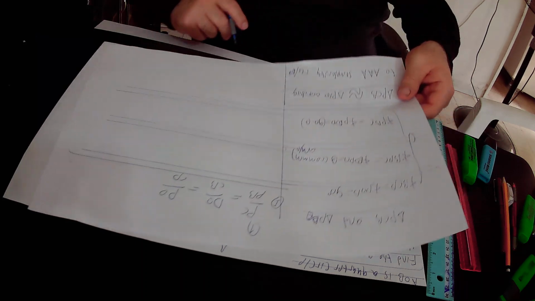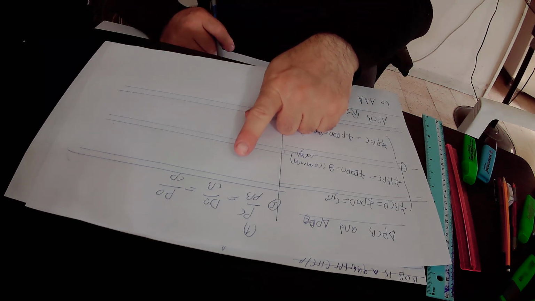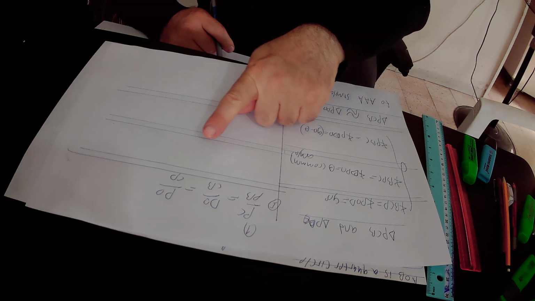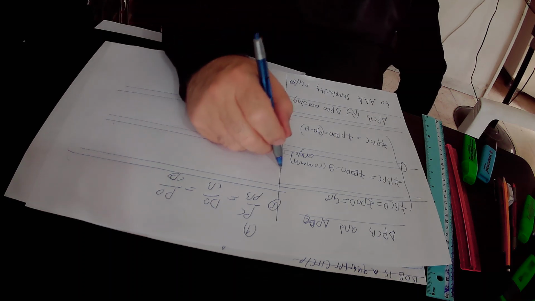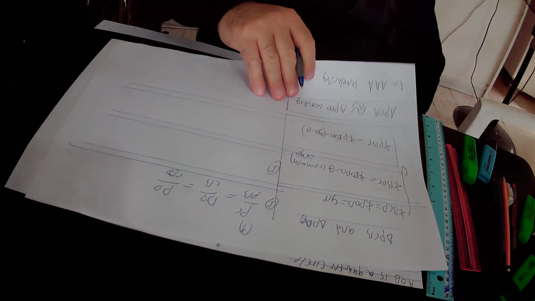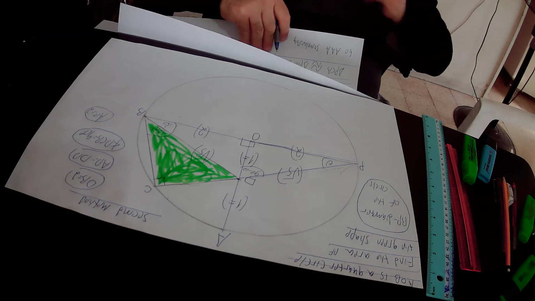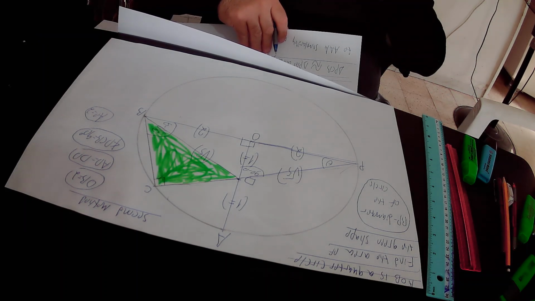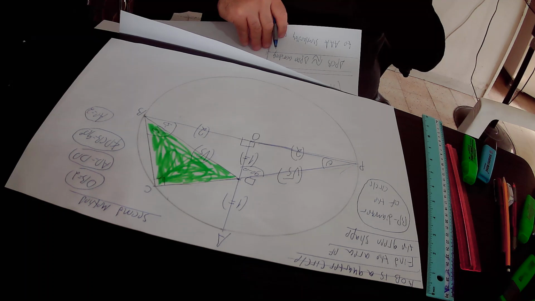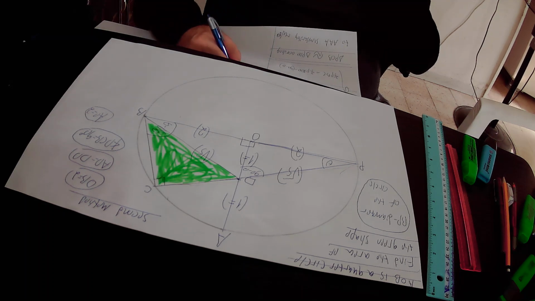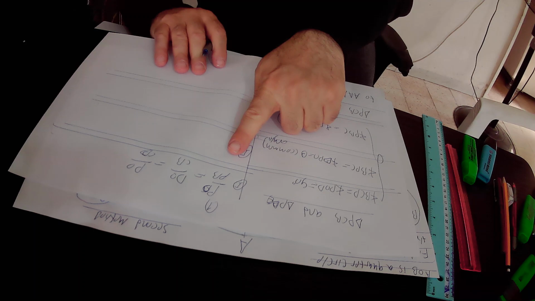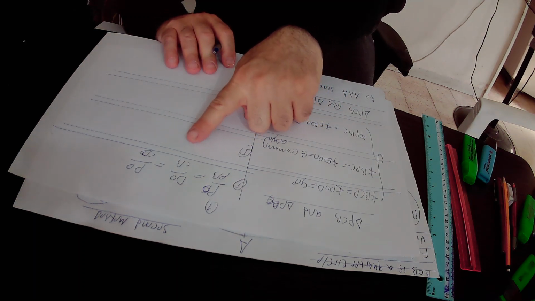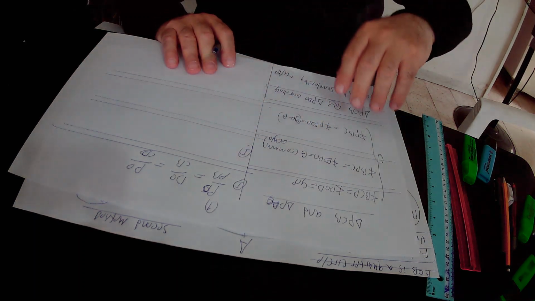Okay, again, PD over PB equals DO over CB equals PO over CD.